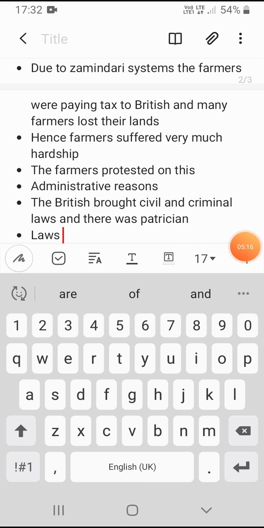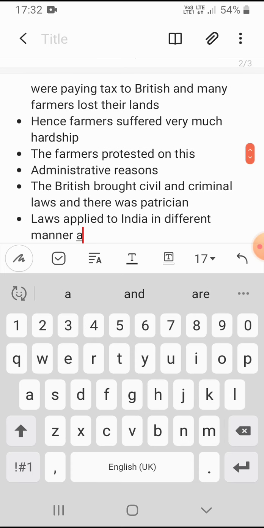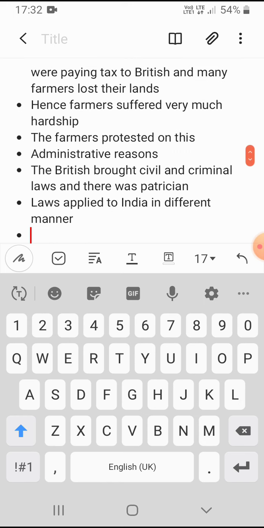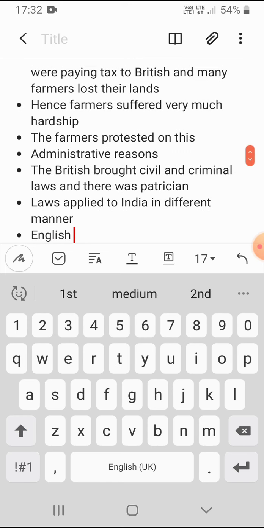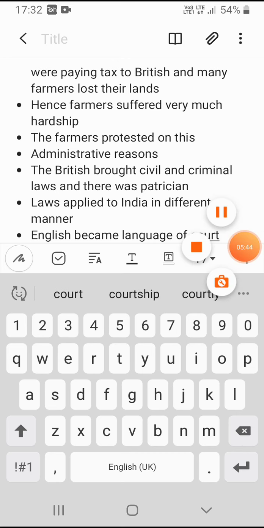Laws applied to India in a different manner. And English became the language of court.